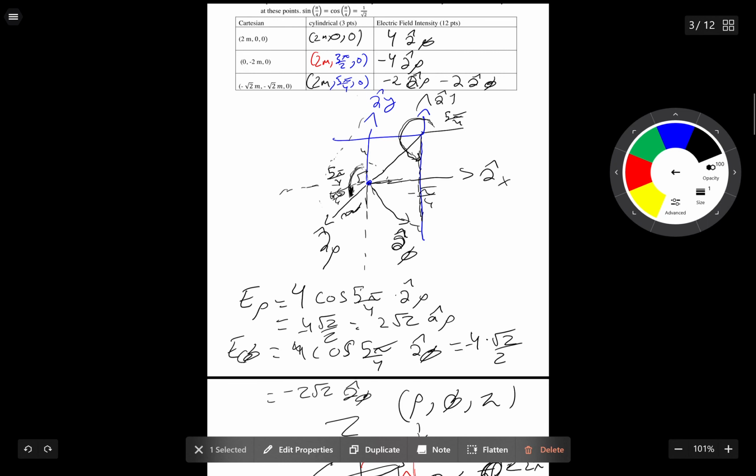So I can show that the hypotenuse, which is our 4 times cosine of pi over 4, also gives us 4 root 2 over 2. And because we know that we are in the third quadrant, we put our negative sign here and we get negative 2 square root of 2. Similarly, we can do this for the phi component and we will get the same result.